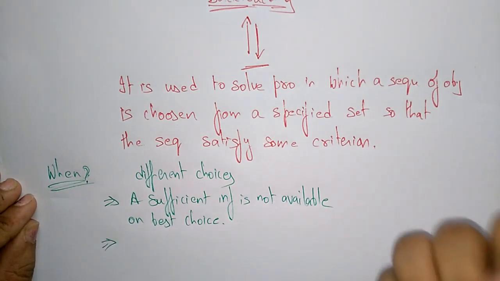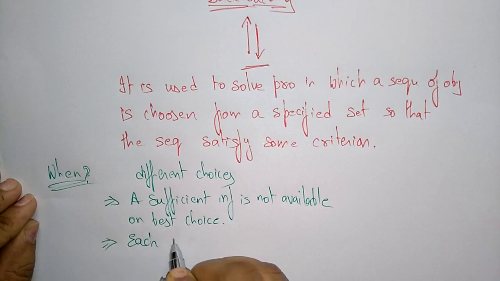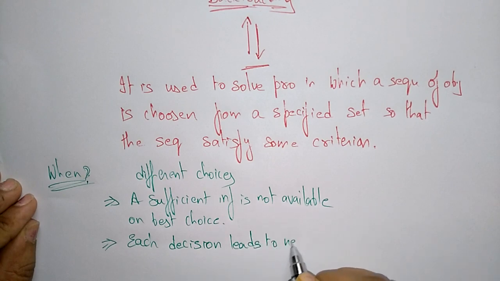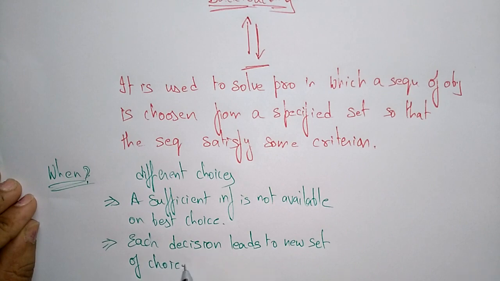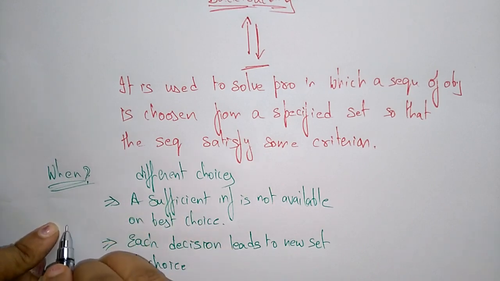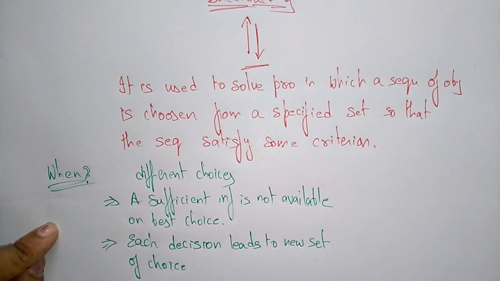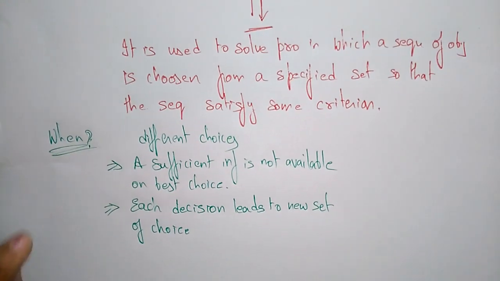Each decision you take leads to a new set of choices, and again we have to select the choice. When we reach one particular decision, this decision again leads to different choices. In those choices also we have to select whether we get the optimal solution or not. And some sequence of choices may be the solution to your problem.